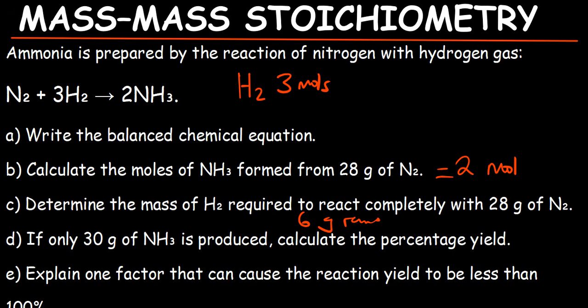Then for D, if only 30 grams of ammonia is produced, calculate the percentage yield. So for the percentage yield, let's first find the molar mass for ammonia.